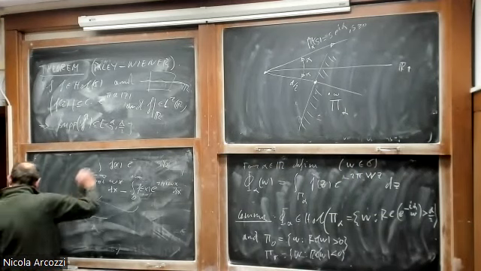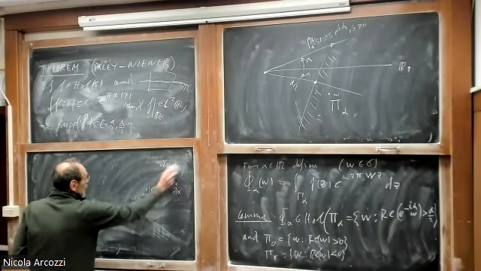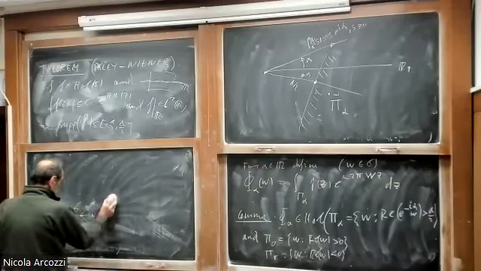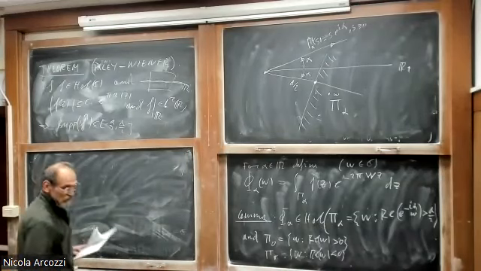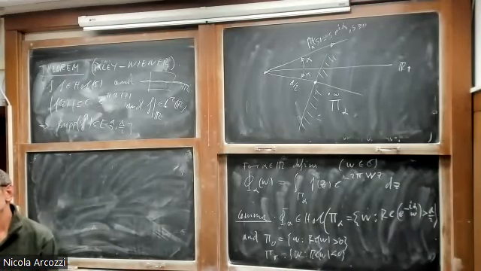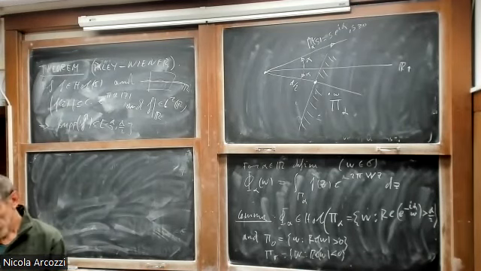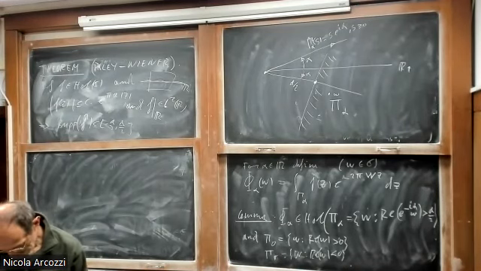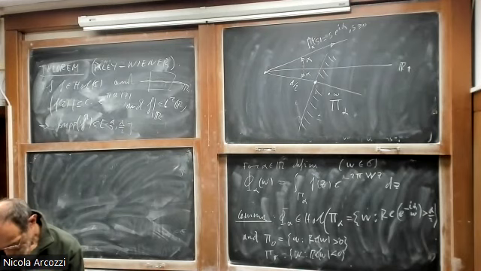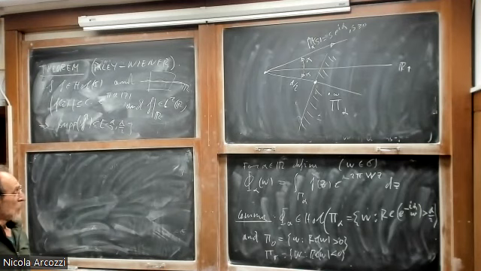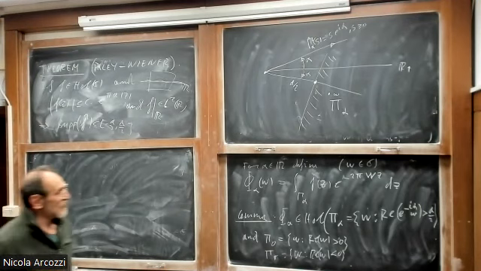Okay, so let's show that these things are defined. I didn't understand the last thing. Why is pi 0 that?